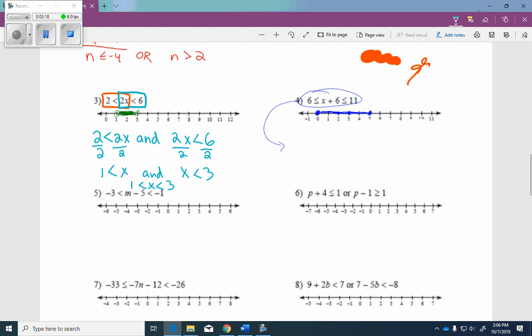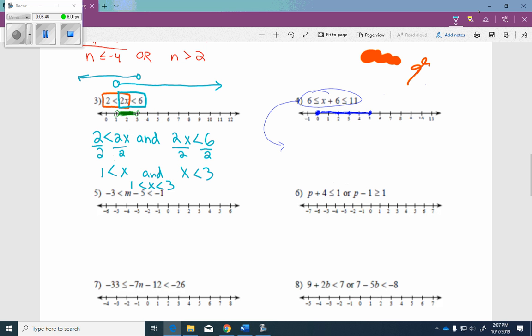If I graphed each one of these separately, I would do it not on the number line. So 1 is less than x. I'll do it up here because this is the only place I have room. I'd have to graph this. And if I were to graph that x is less than 3, I would graph that.